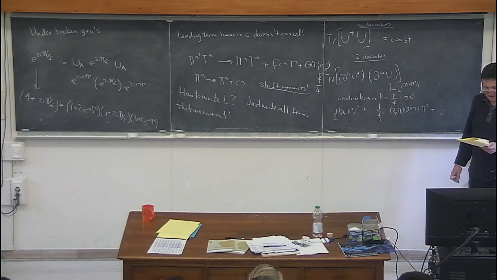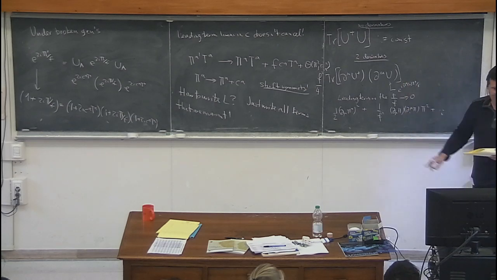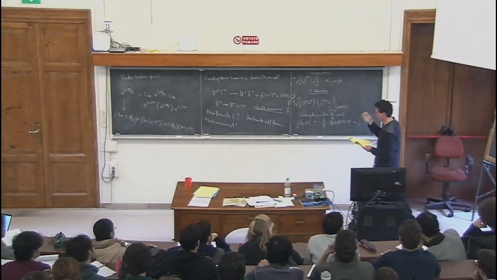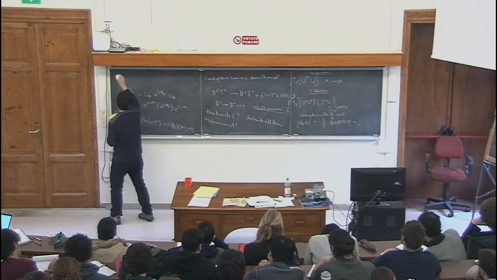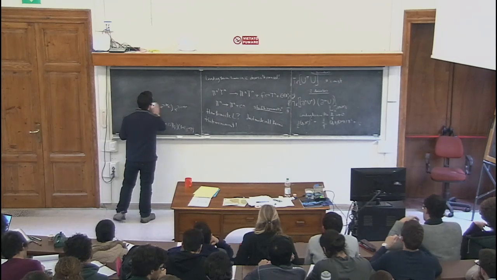Okay, so the next question is, now I understood how to write the Lagrangian purely for the Goldstone bosons, and the next question is, how am I going to write the interactions of these Goldstone bosons with the Electroweak group? So the interaction with W and the Z, or photons.